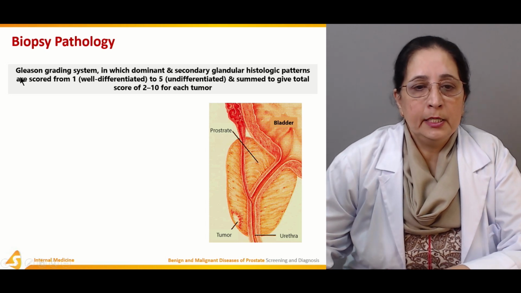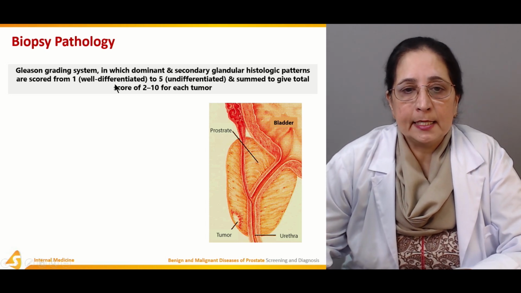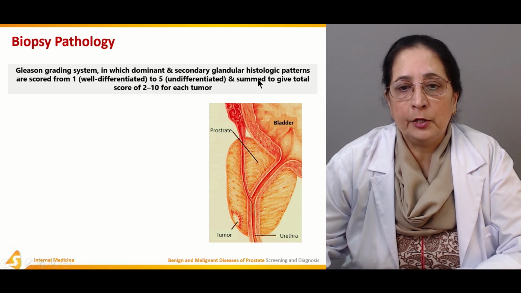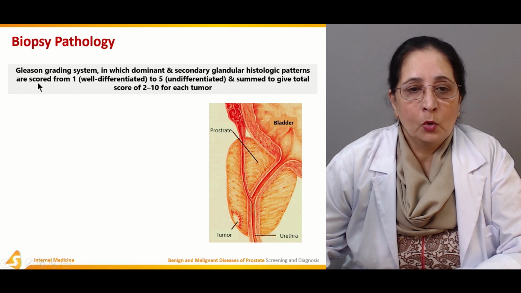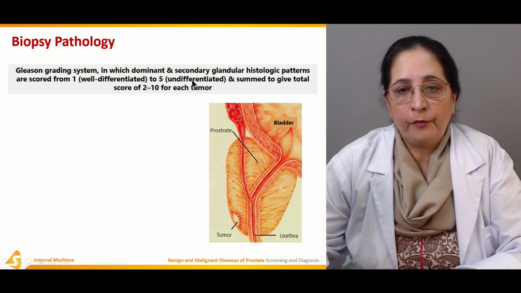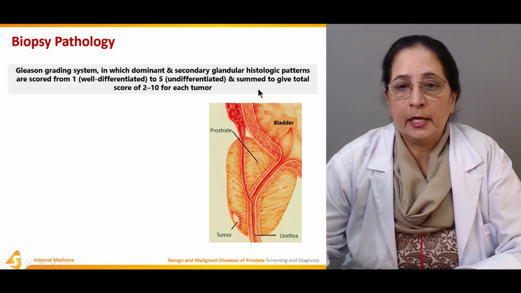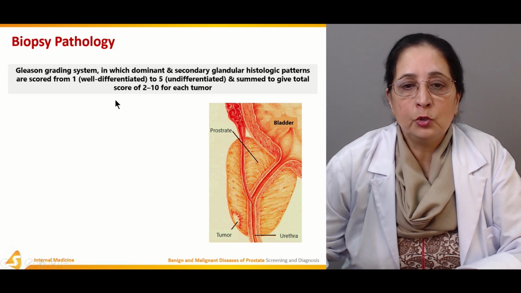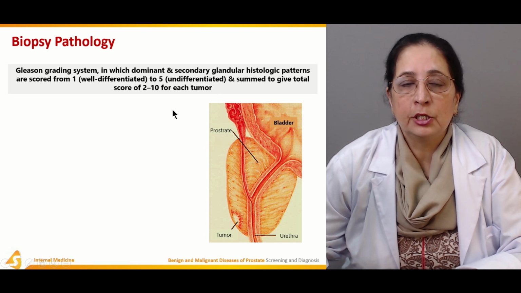Biopsy pathology uses the Gleason grading system, in which the dominant and secondary glandular histologic patterns are scored from 1, which is well differentiated, to 5, undifferentiated, and summed to give a total score of 2 to 10 for each tumor.